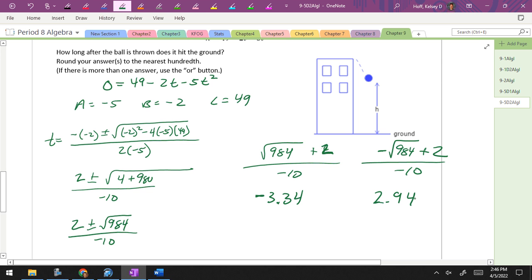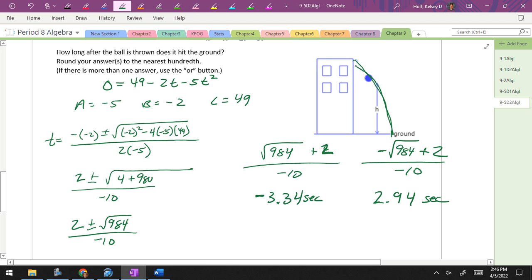What doesn't make any sense? What is this number really representing? The seconds, right? How could I have a negative amount of seconds? Before he threw it. Where did he throw it from? The top of the building. So right now we know it's going to take 2.94 seconds.